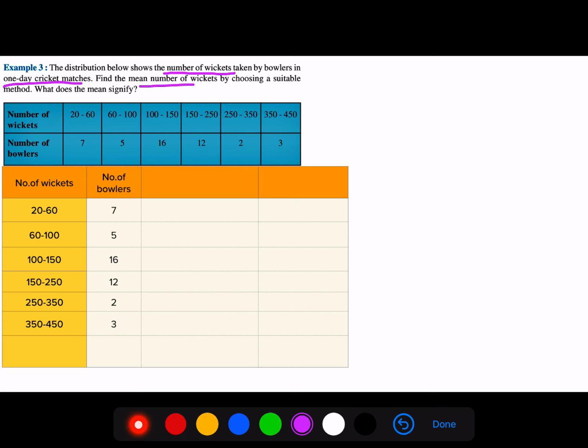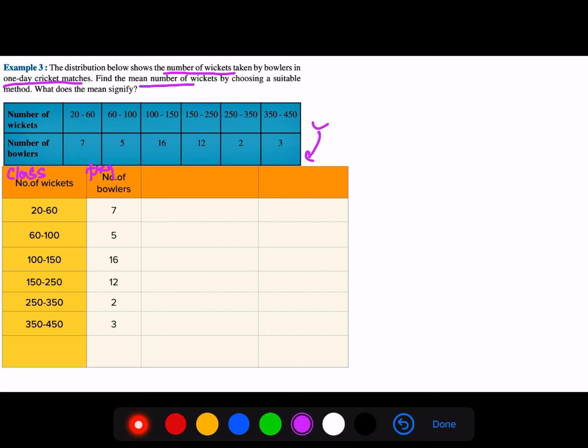I've represented the data in tabular form. Remember the column headings, which are important. The column of number of wickets is always known as your class, or groups. The number of bowlers is your frequency, because it says that there are 7 bowlers who took wickets between 20 to 60, and so on.